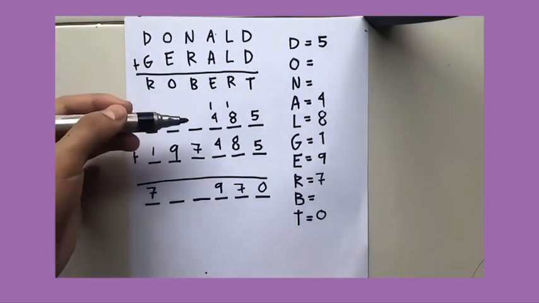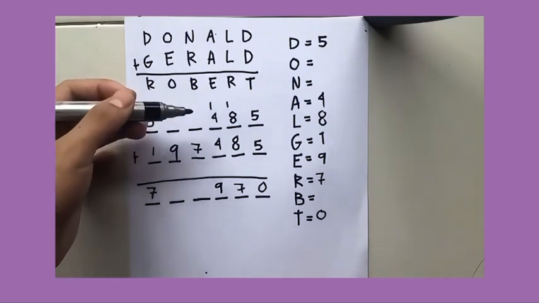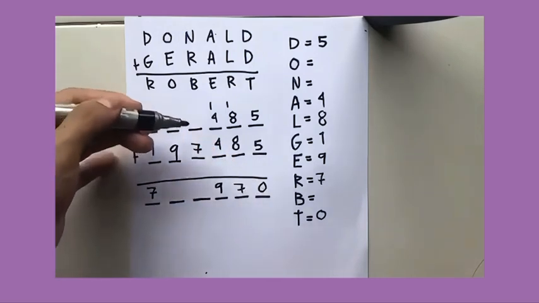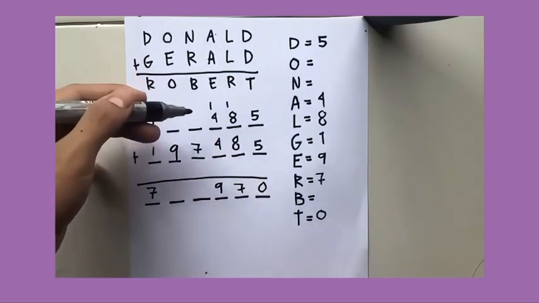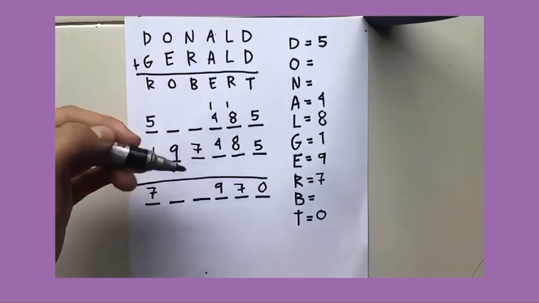If we put a 3 here, that is 7 plus 3, that is 10. We can't do that because there's a 0 here. If we put a 2, that is 7 plus 2, that is 9, we cannot also put 2 here. So let's try 6.